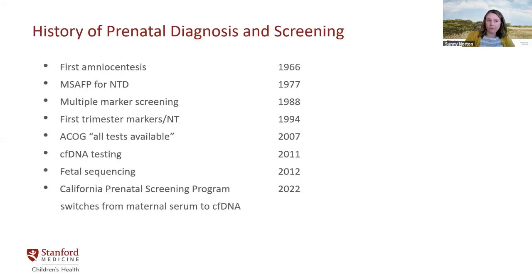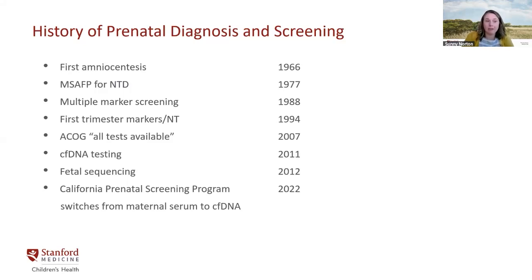A really brief history of prenatal diagnosis and screening. The first diagnostic procedure with amniocentesis was performed in the 60s, and then serum screening began with neural tube defects in the 70s, adding in additional analytes for aneuploidies in the 80s, and then adding in first trimester screening in the 90s. And each of these obviously increased detection rates for what we were screening for.